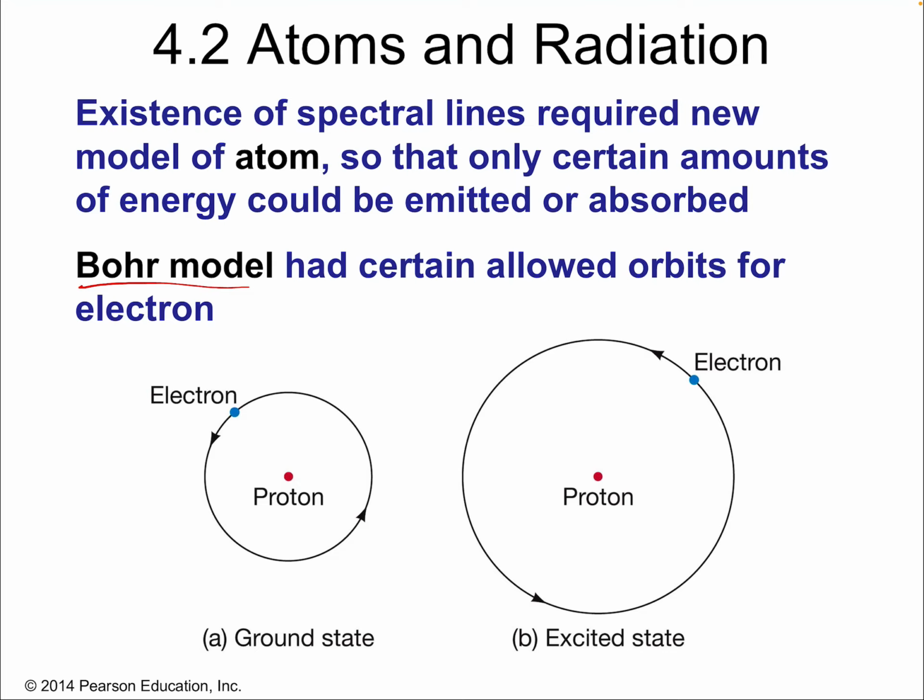But we do want to understand that this idea of distinct spectral lines applies to distinct energy transitions of the electrons in an atom. And these are known as allowed orbits for the electrons. For example, we have an electron that's in the ground state. This is the least energy that an electron can have inside of an atom.